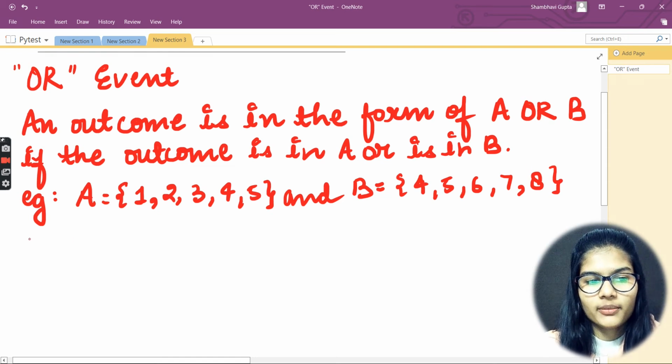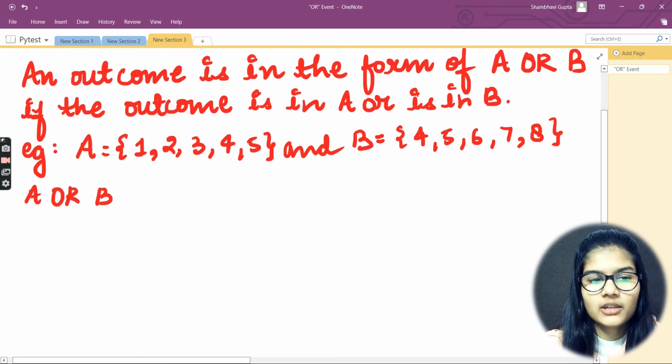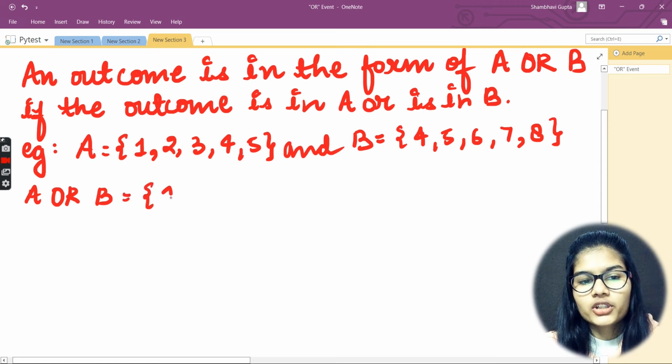Now if I have to write A or B, first of all listen to me very clearly: this is how you write A or B. Whatever numbers you have in A and B, you will mention all of those. And if a number occurs in both A and B, you write that number only once.